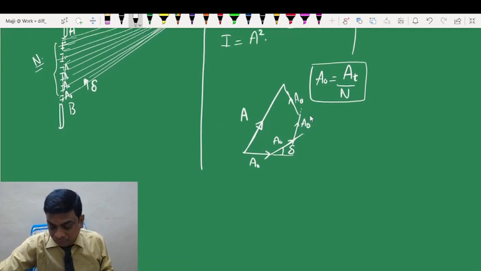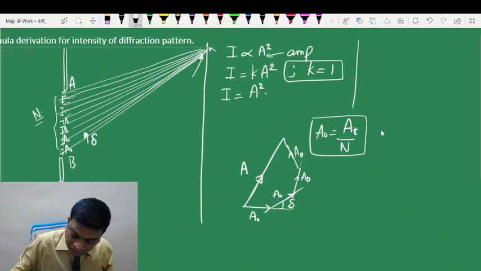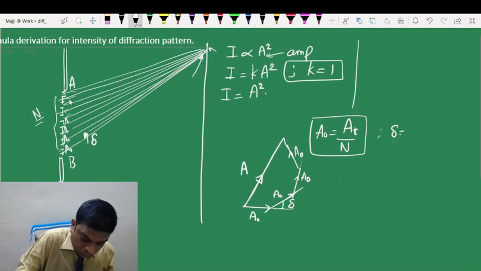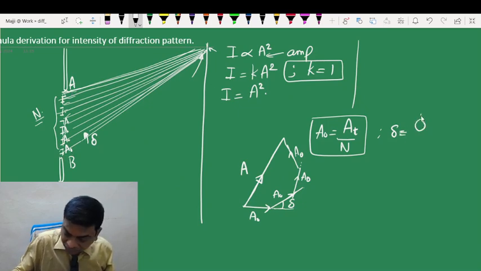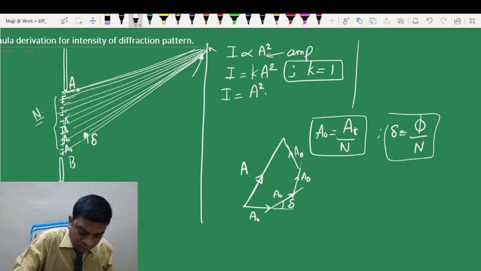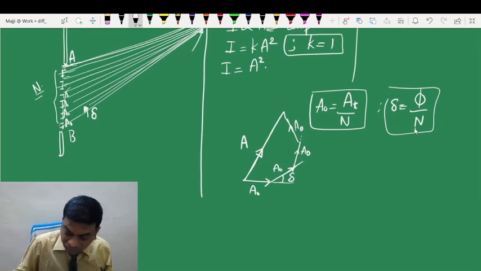Now what is delta? Delta is the phase difference between adjacent interfering secondary wavelets. Total, if I take as phi divided by n. What is phi? Phi is the phase difference between the secondary wavelets emerging from the extreme ends of the slit, A and B. So I have divided into n parts.